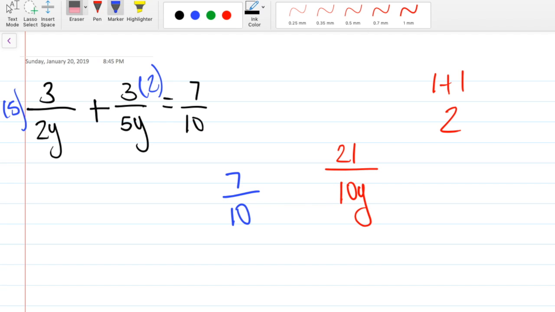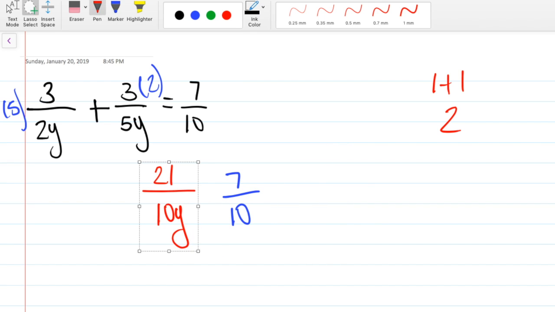Okay. And let's see if I can use my lasso select now without messing up. Alrighty, equals 7 over 10. So it's the exact same fraction now. I just added them to have one fraction instead of two. And that is to make our problem a little simpler for us.